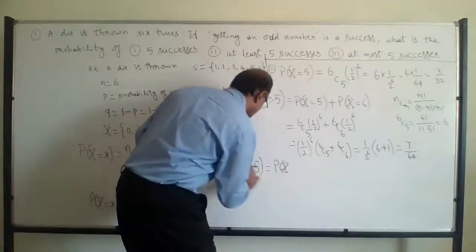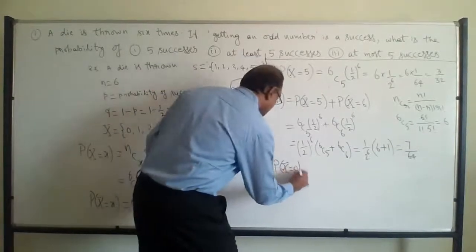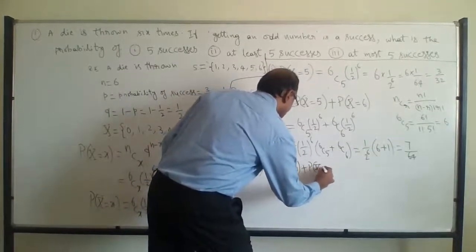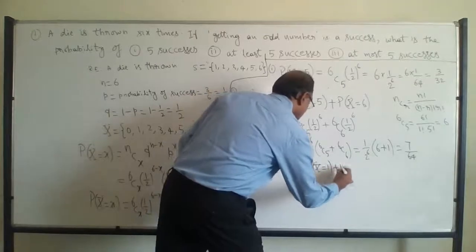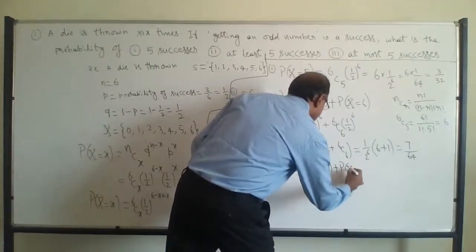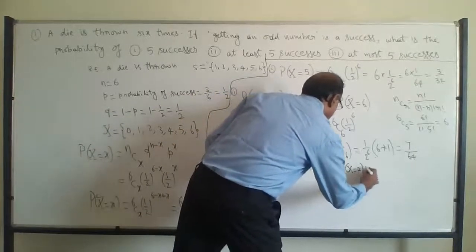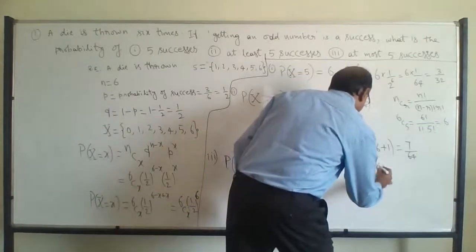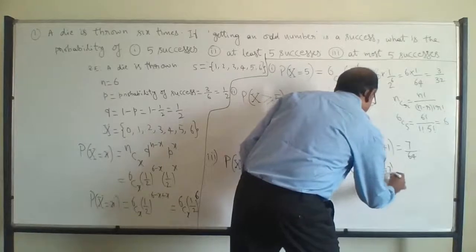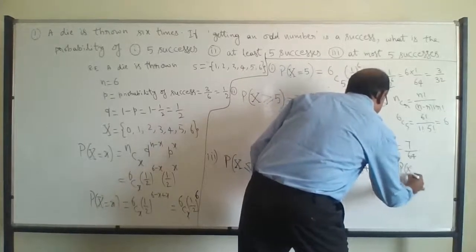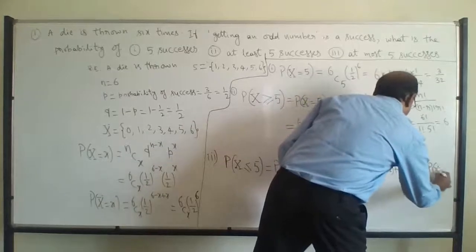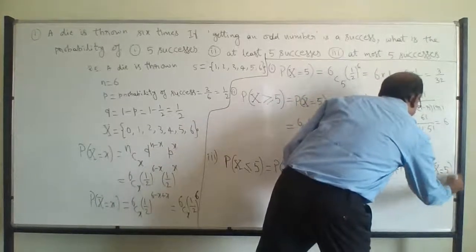Probability of X less than or equal to 5 means probability of X equals 0 plus probability of X equals 1 plus probability of X equals 2 plus probability of X equals 3 plus probability of X equals 4 plus probability of X equals 5.